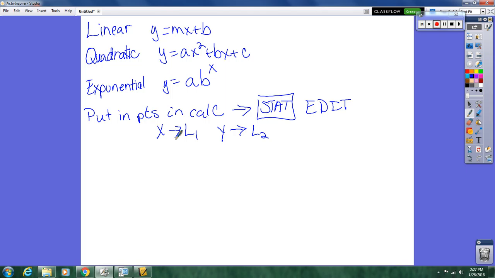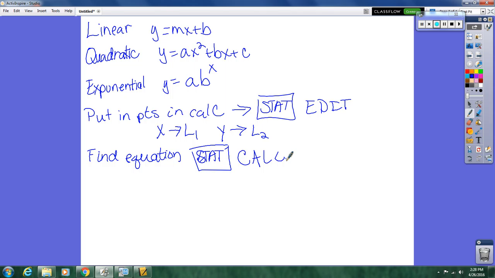Then after that, how did we calculate the equation? We went to stat, and went to calc this time, so we use our arrow and over to calc.